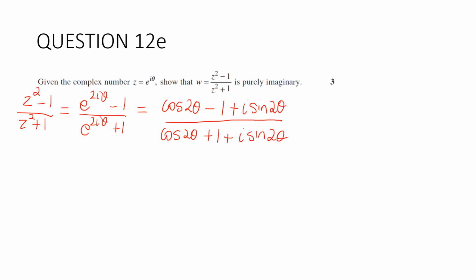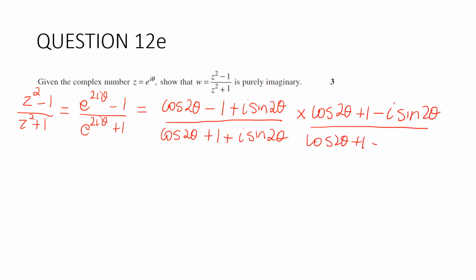Now I want to make the denominator real, so I'm going to multiply by the conjugate. So minus i sine 2 theta over cos 2 theta plus 1 minus i sine 2 theta. All right, expanding through the numerator, I'm going to bracket these two together.